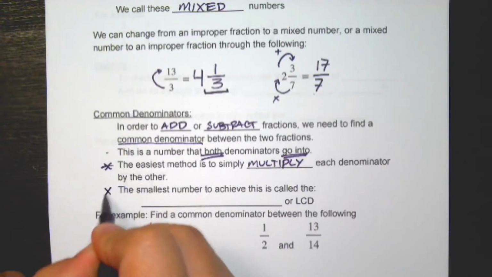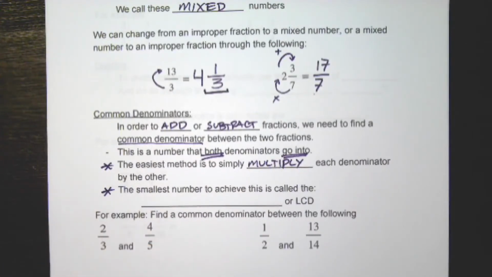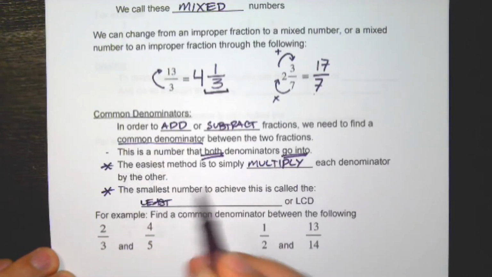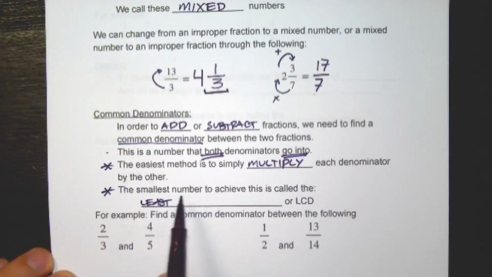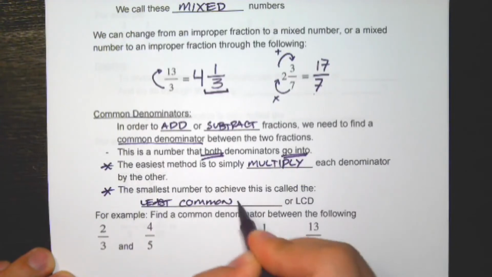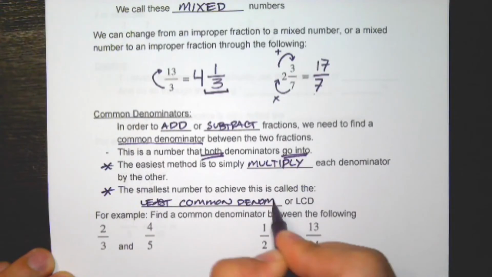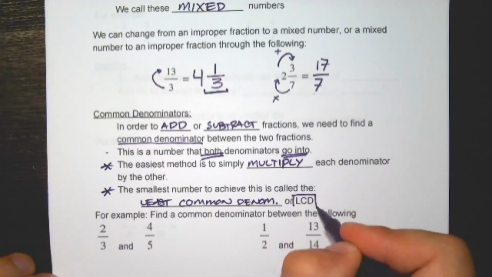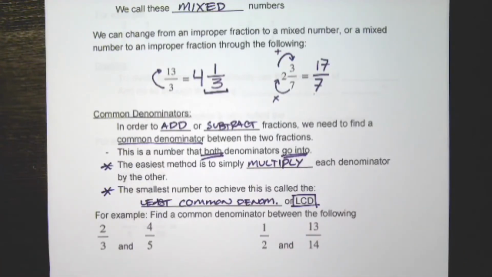Now, we have a special one of these that, when you've worked with fractions before, is probably the one you always try to aim for. And this is the smallest such number that both denominators go into, and this is called the least common denominator. A little abbreviation there for you: written out abbreviated, that's our LCD.